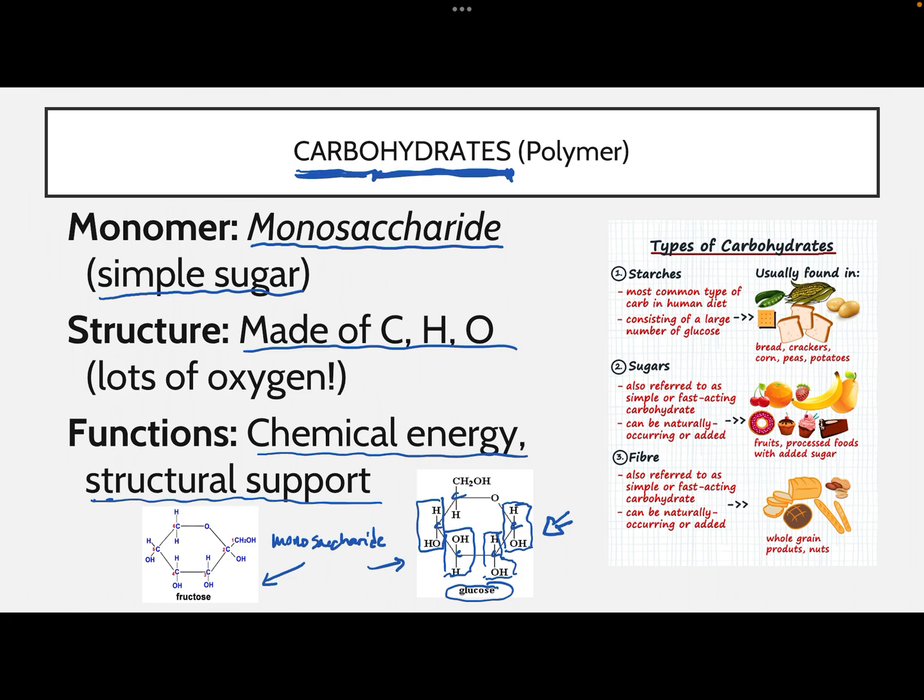Over here you can see some of the different kinds of carbohydrates and where they're found in our diet. We can think about starches, which are long chains of glucose molecules hooked together. We can think about sugars, which are usually monosaccharides or disaccharides, two simple sugars put together. And then there's fiber.